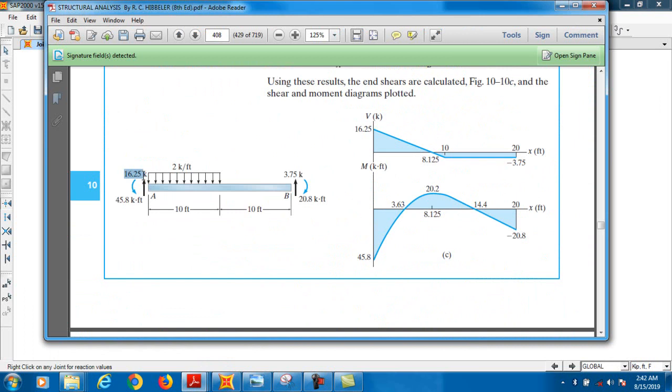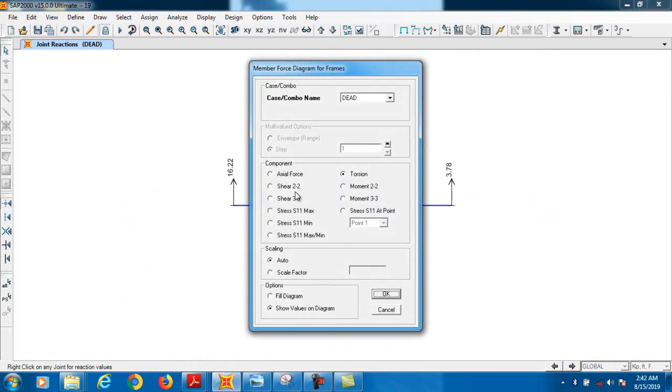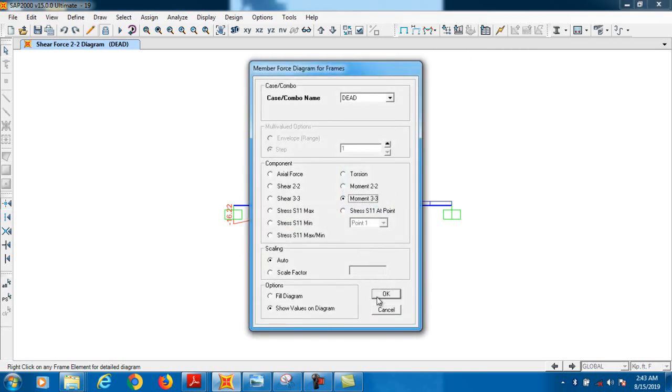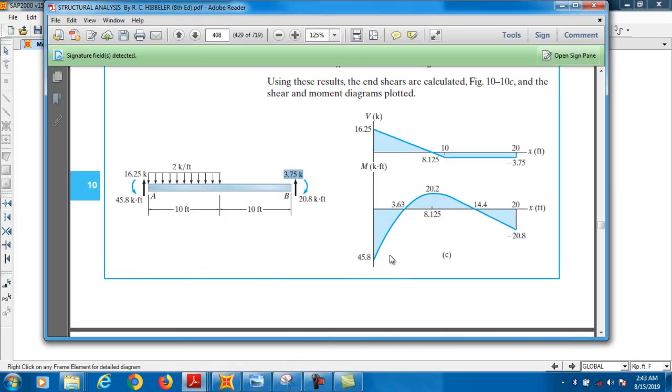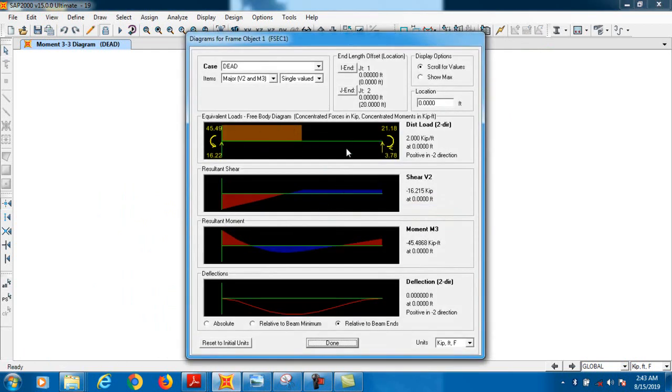This is the reaction, 16.25. If you want to see the shear force diagram, select this option. This is the shear force diagram, and if you want to see the bending moment diagram, this is the moment diagram. The maximum moment will be minus 45. Clear? And this is the loading diagram. This is the moment at the fixed supports, these are the reactions, and this is the UDL.